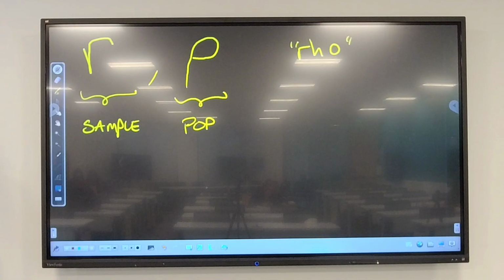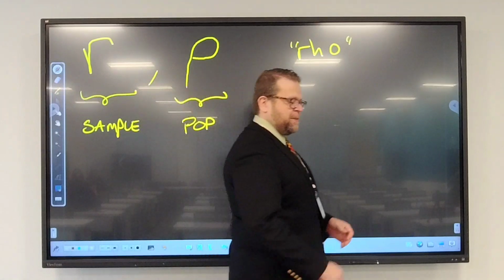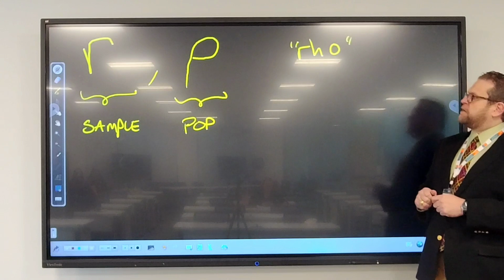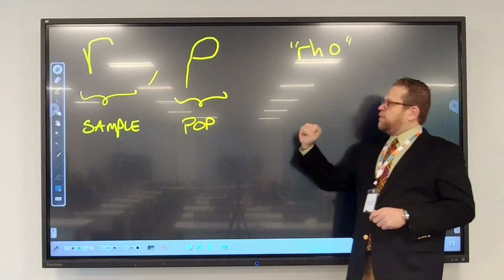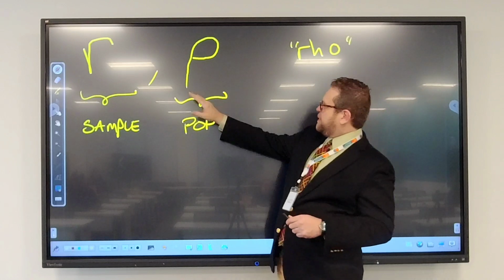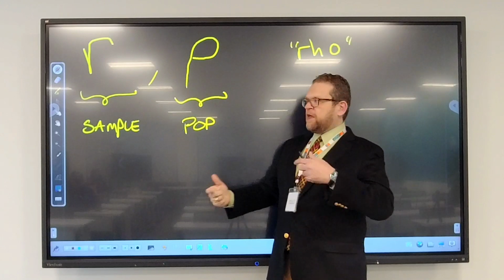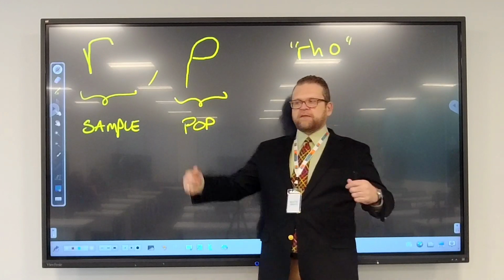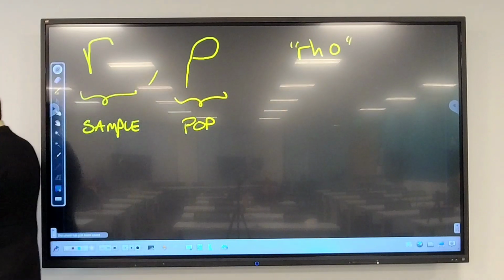A number that we won't have access to, just like in most cases we can't get the population mean or the population standard deviation because it's just too hard to do. However, we are going to do a hypothesis test involving rho that will tell us, should we use the best fit line? Should we use the average of the y values?